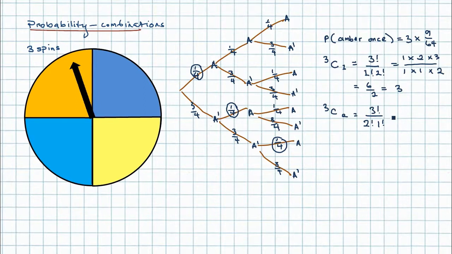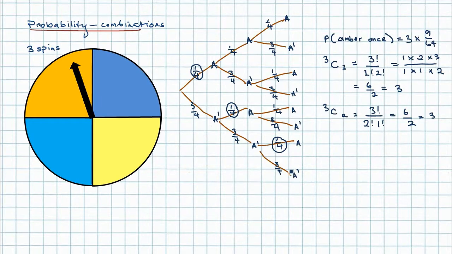And you can see now this is going to produce the same result, because 1 factorial times 2 factorial is the same as 2 factorial times 1 factorial. So again, we get 1 times 2 times 3 over 1 times 2, or in this case, 1 times 2 times 1, same thing, but that will also give us 6 divided by 2, giving us 3 combinations. So 3 choose 2 is the same as 3 choose 1.